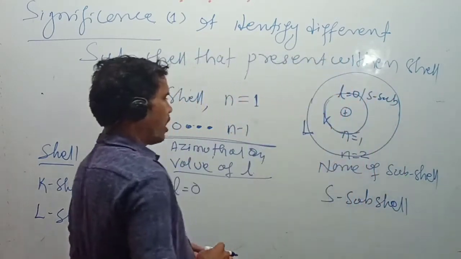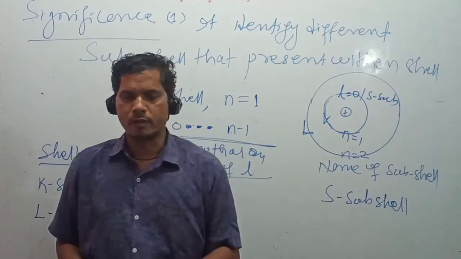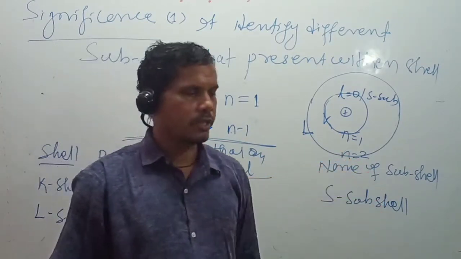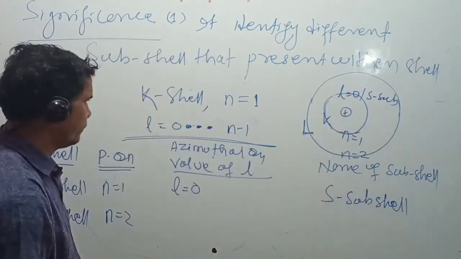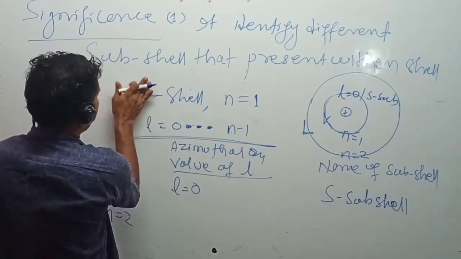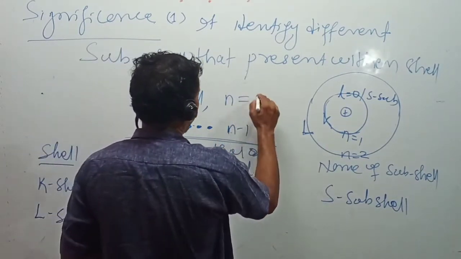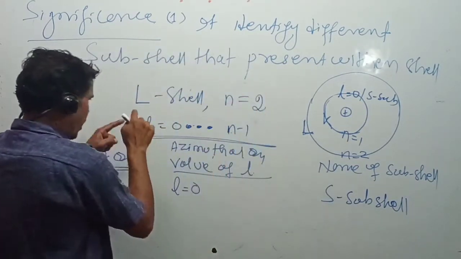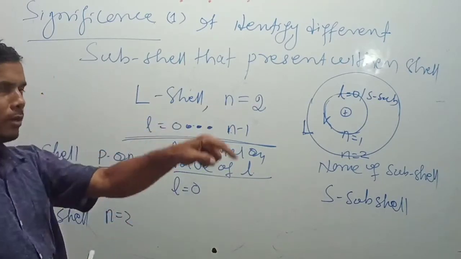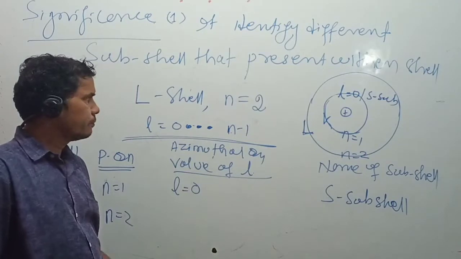We have to find out how many subshells this L shell has. Suppose the room where you are sitting is considered the L shell, and just on the door it is labeled like this: it is the L shell where the principal quantum number n equal to 2, and also this labeling, l equal to 0 to n minus 1, is mentioned on the door.